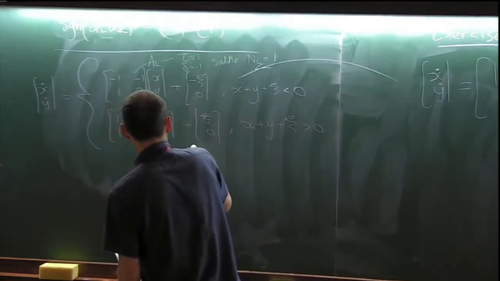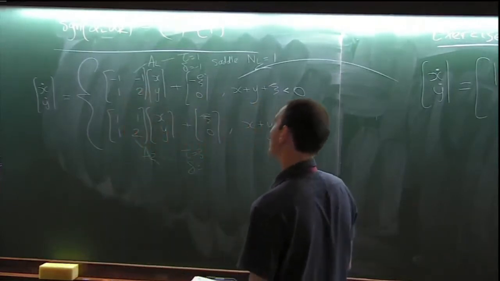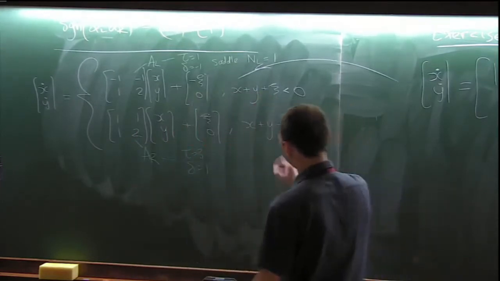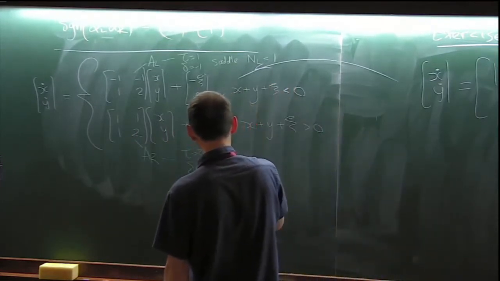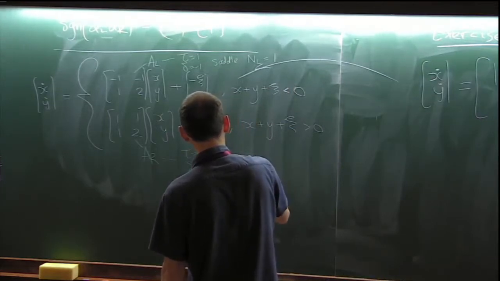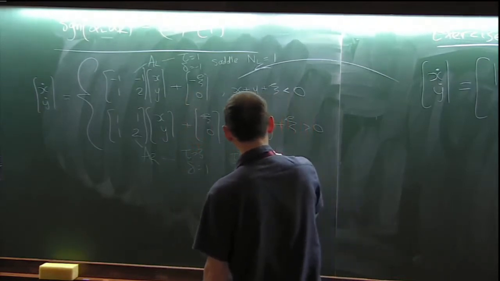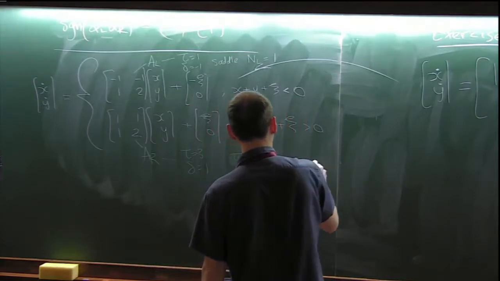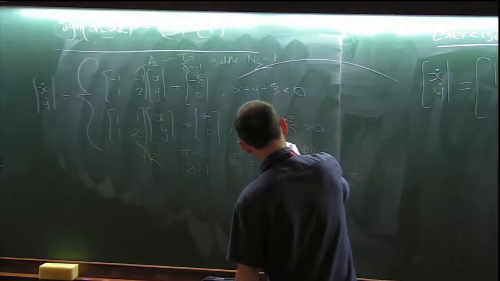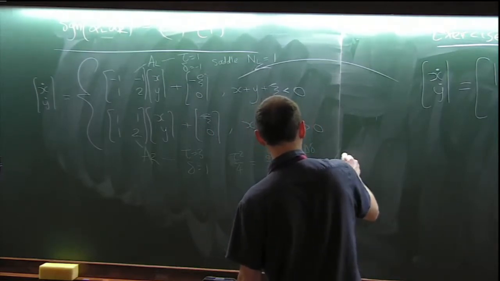And here we've got trace 3. The determinant is 2 minus 1, which is 1. Tau squared over 4 is 9 over 4, bigger than 1. Trace is 3, so I'm up over there.